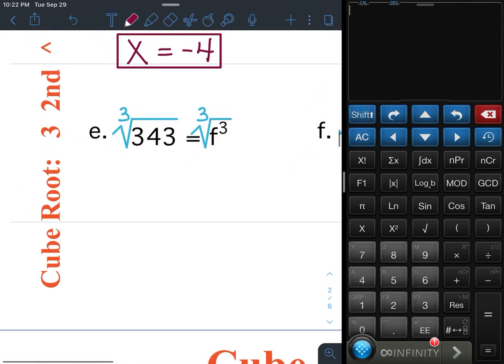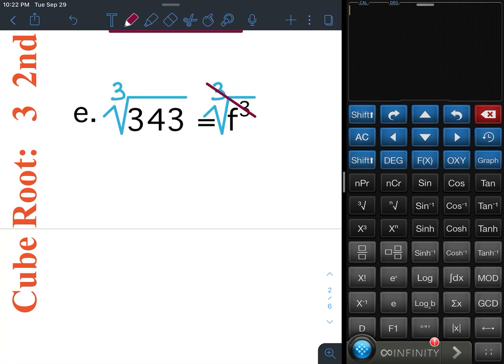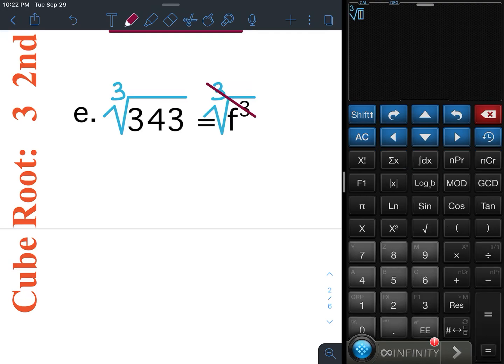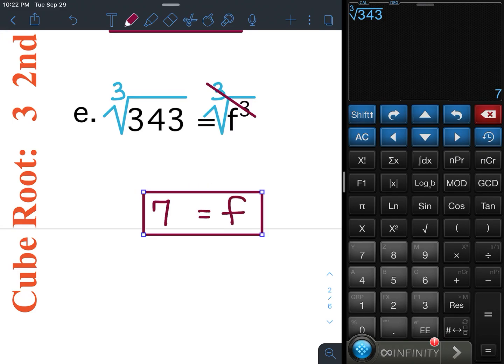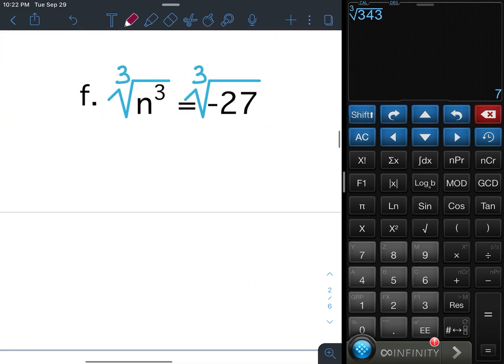Okay, let's see if you're correct. For E, the cube and the cube root cancel out. I'm going to take the cube root of 343 and I get 7. So 7 equals f. For F, the cube and the cube root cancel out. I'm going to take the cube root of negative 27.